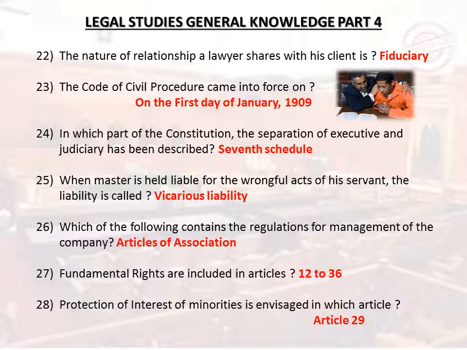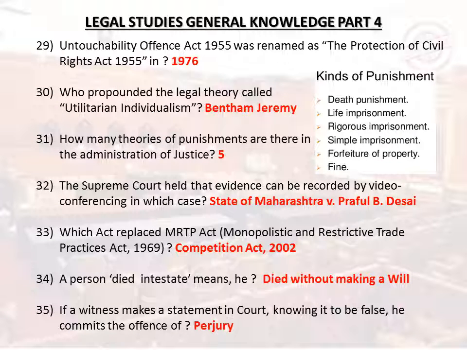Which of the following contains the regulations for management of the company? Articles of Association. Fundamental rights are included in Articles 12 to 35. Protection of interest of minorities is envisaged in which article? Article 29.